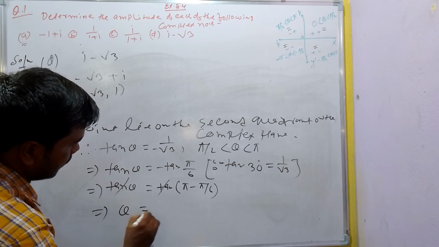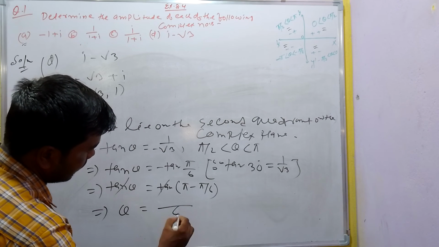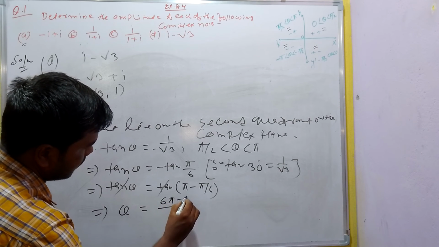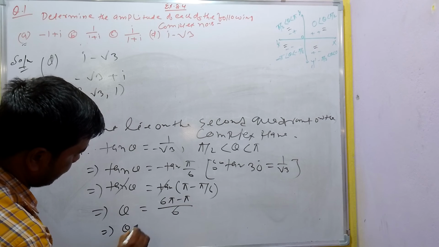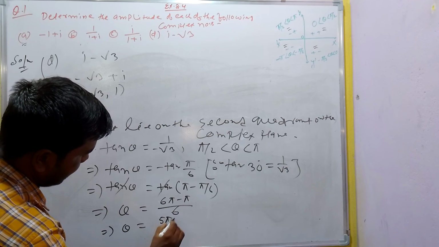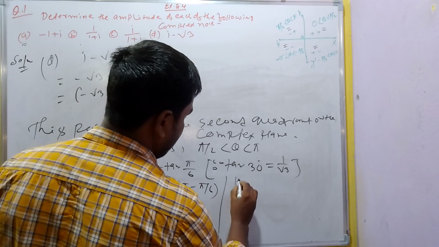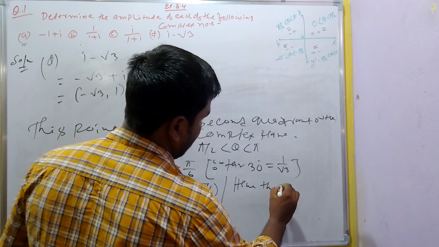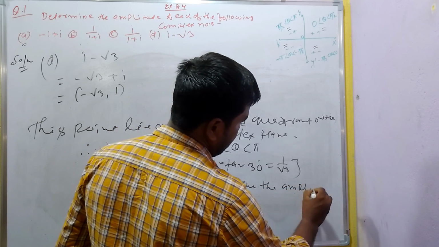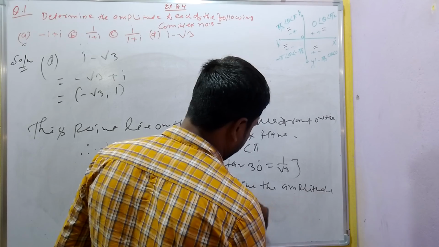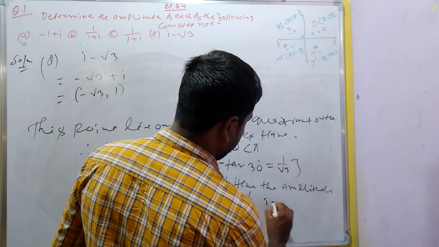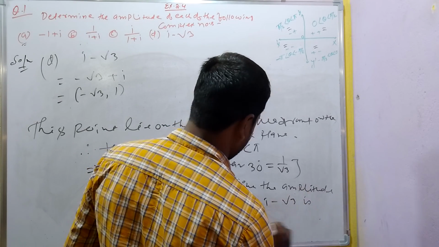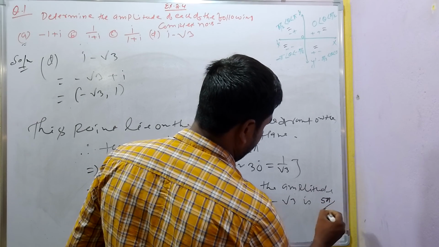Then theta equals, you take common LCM 6, then 6 pi minus pi, so theta equals 5 pi by 6. Hence, the amplitude of i minus root 3 is 5 pi by 6.